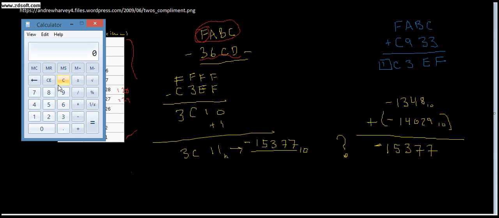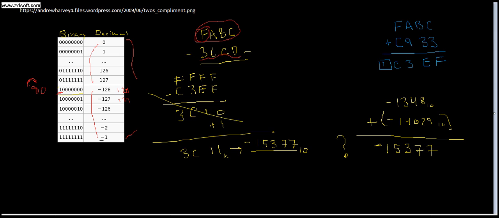Okay, one last try, bear with me, plus 14029, make that negative. What does that equal? Well, look at that, it is really negative 15377.